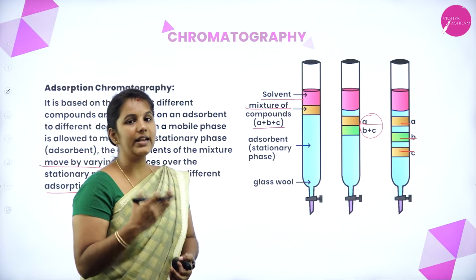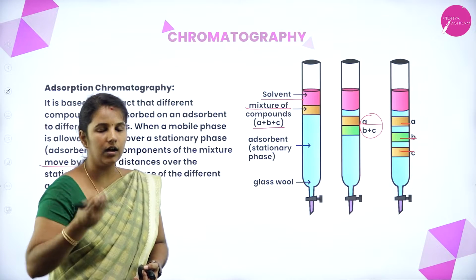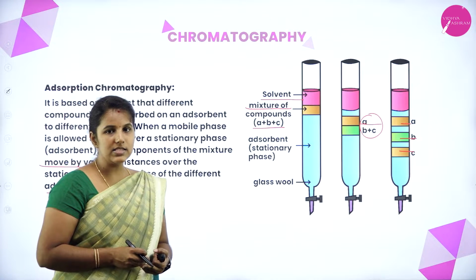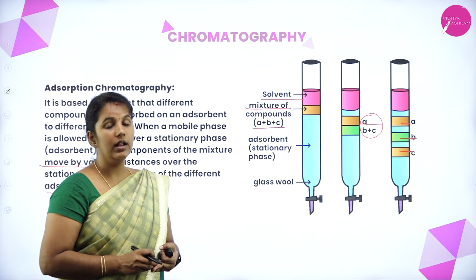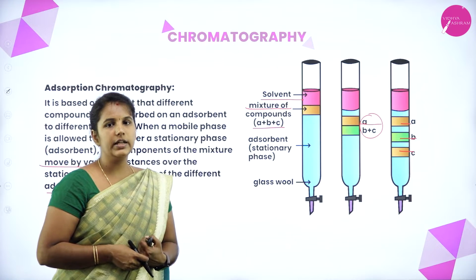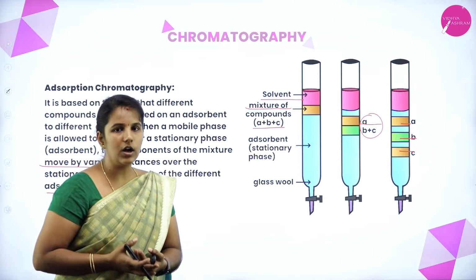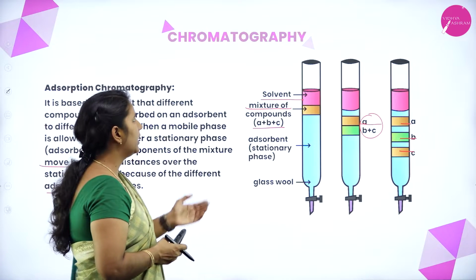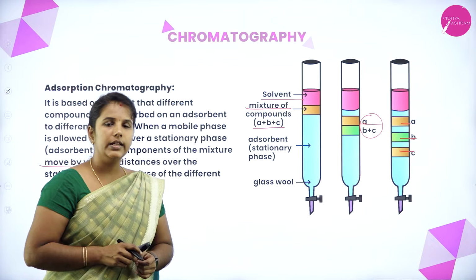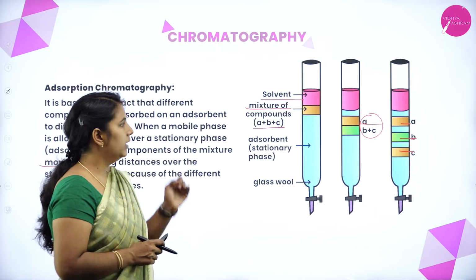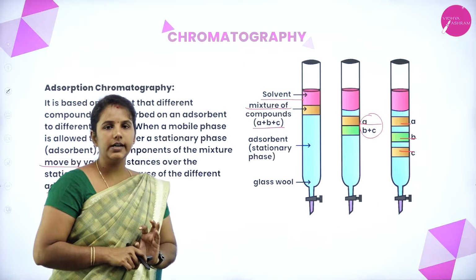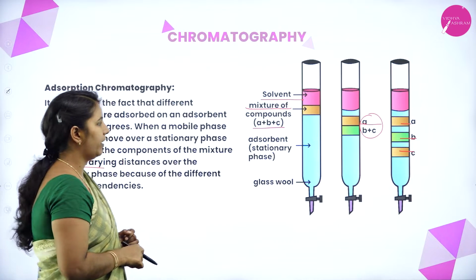Based upon the rate at which each component gets adsorbed on that column, we analyze it, measure that rate, record the values, and say that this is the adsorption chromatography of the given organic compound. Like this, the entire process is done for adsorption chromatography.